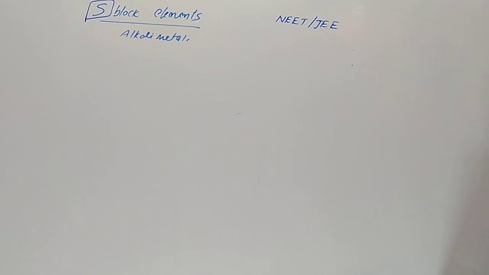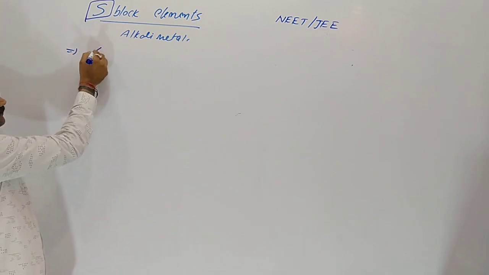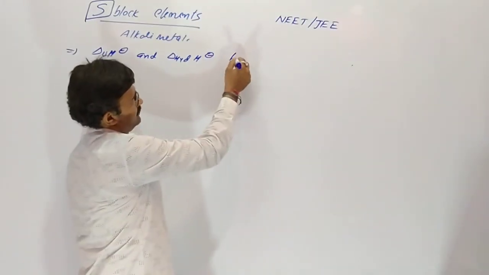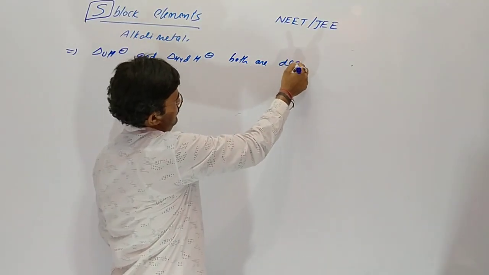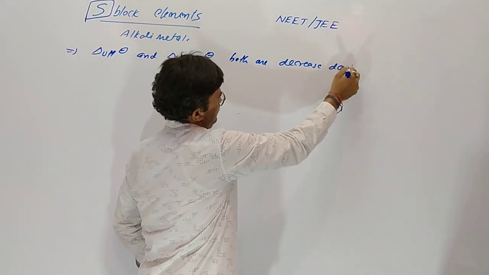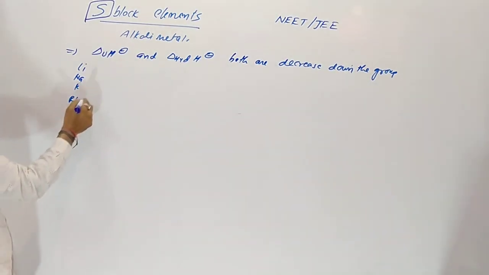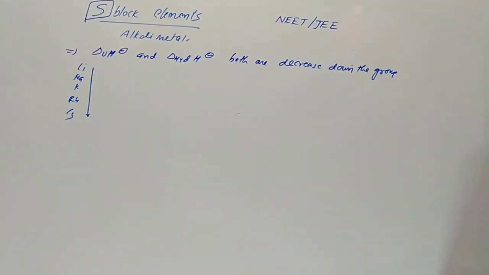Now, lattice enthalpy and hydration enthalpy. Both decrease down the group from top to bottom: lithium, sodium, potassium, rubidium, and cesium. Greater the lattice enthalpy, higher is the melting point.